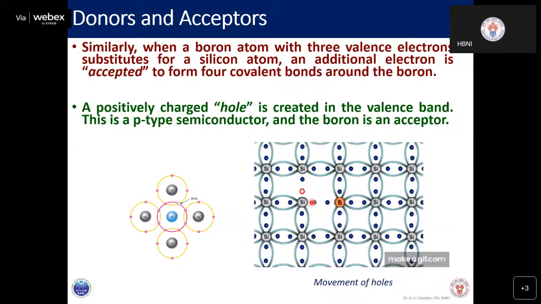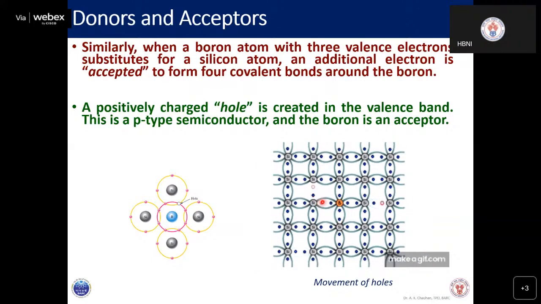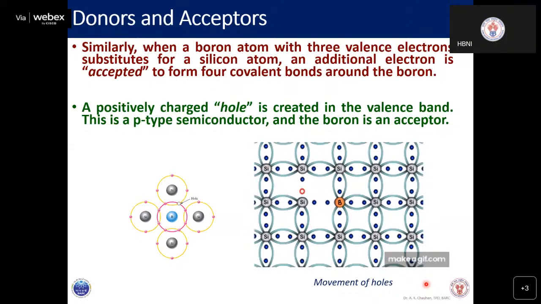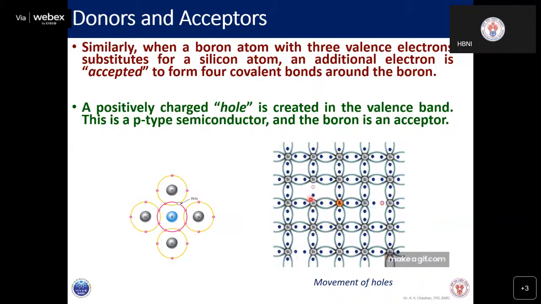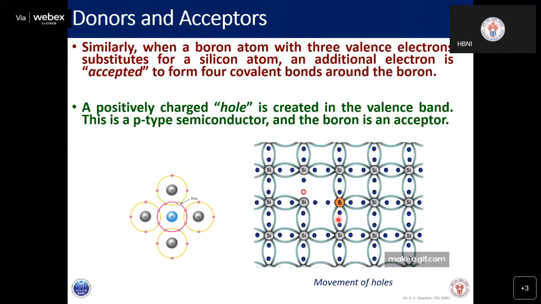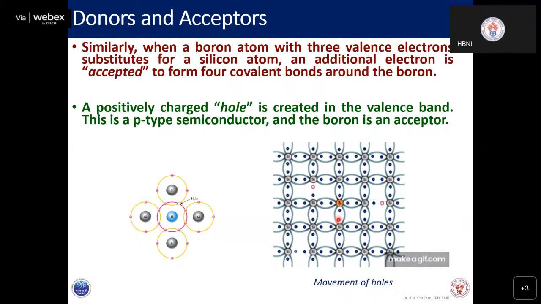Now an electron has come from this place to this place. So the hole has moved from this place to this place, and to this place. Actually the electron is moving, but as a consequence, the hole appears to be moving from one place to another. So a vacancy is moving from one place to another.